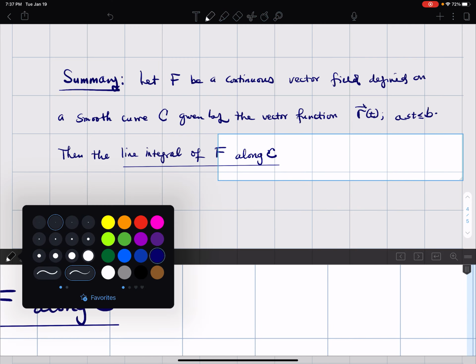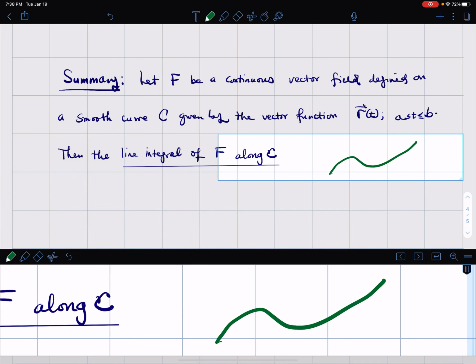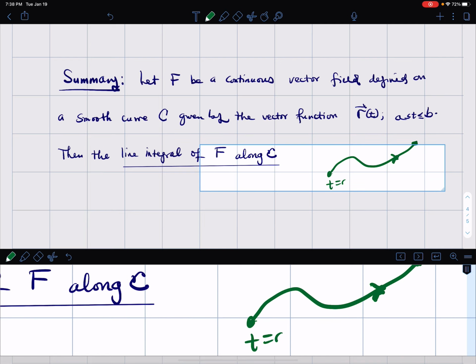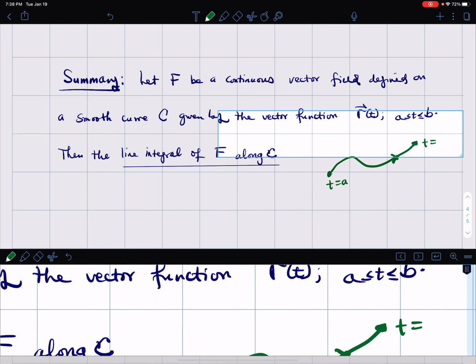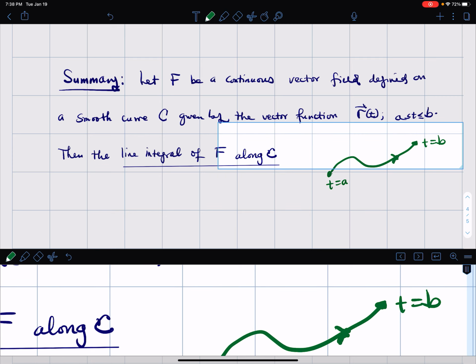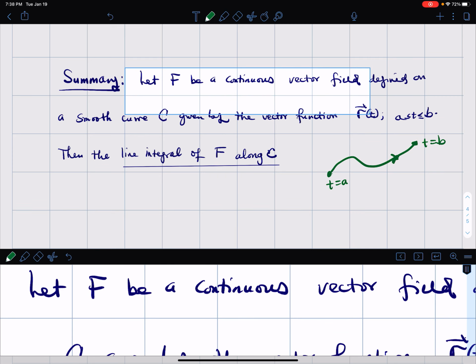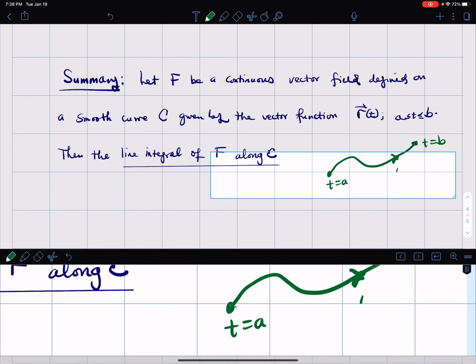This is C, a smooth curve, and C has its orientation like this. This is where t is equal to A, and this is where t is equal to B. And we want to compute the line integral of this vector field along C.